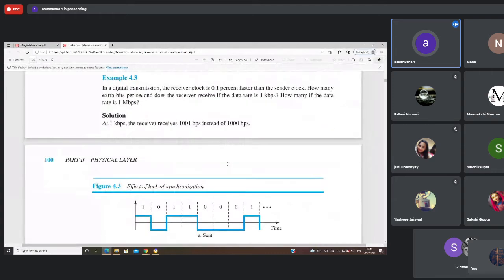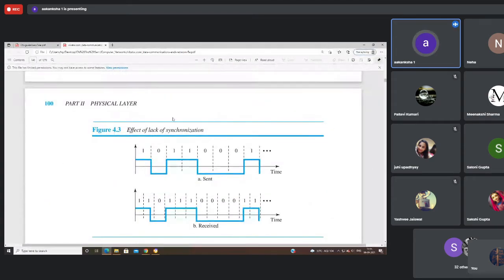Now you can see the example here, the effect of lack of synchronization. The sender has sent one bit in this time duration, but the clock of the receiver is very fast. It has crossed more than 1.5 bit durations when the sender has finished sending the first bit.